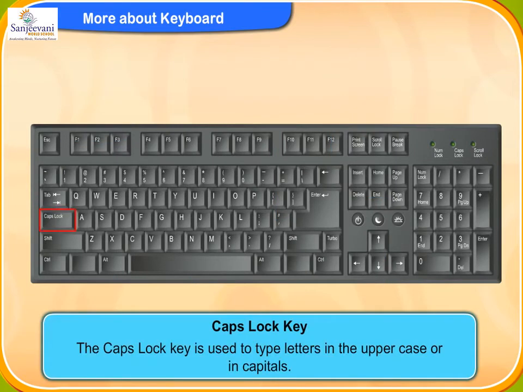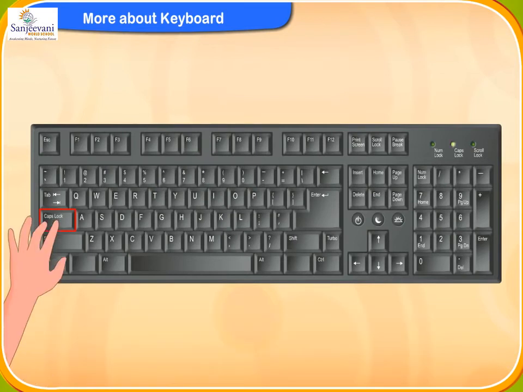The caps lock key is used to type letters in uppercase or in capitals. So press this key. Hey, I pressed the caps lock key. And a light glows on the keyboard. Yes, it means the caps lock key is on.